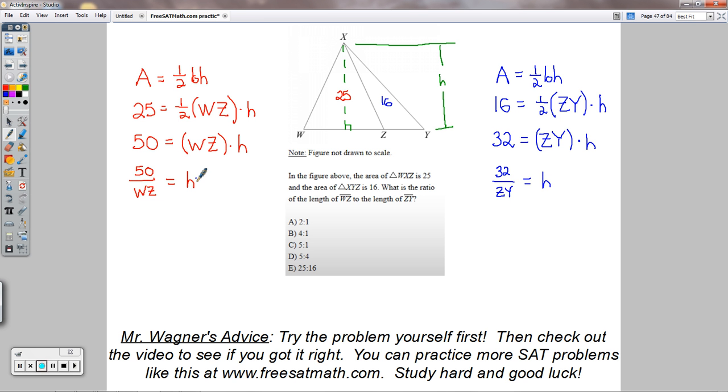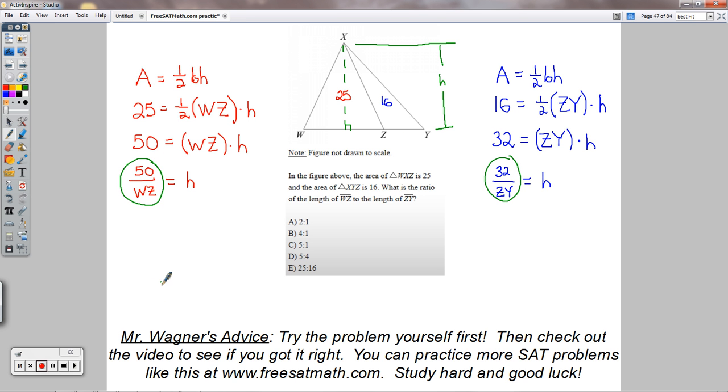The H here is the same as the H here. It's not a different height in either question. It's the same thing. So I'm going to bring these both together. I've got H here and here, which means I can set this equal to this. That would have to be true because the H's are exactly the same.